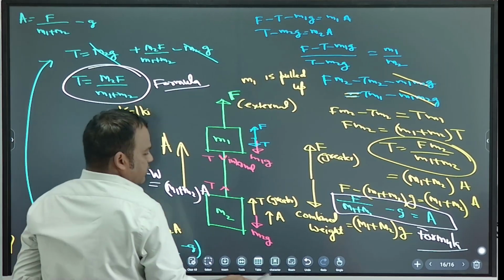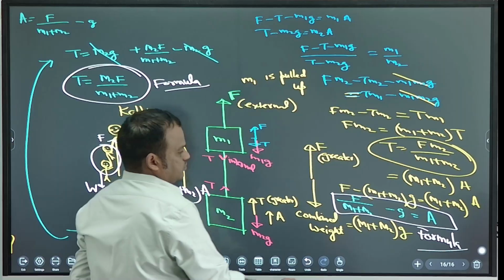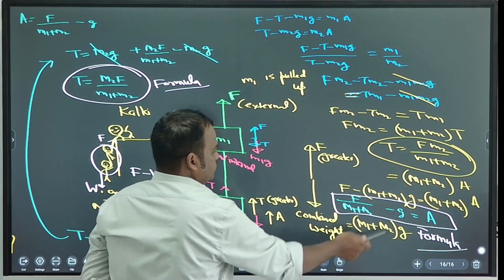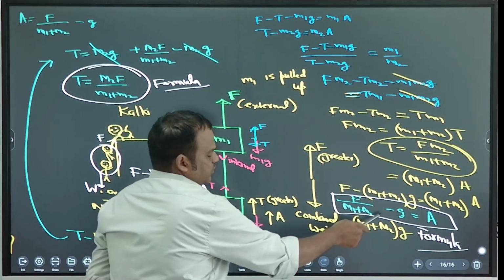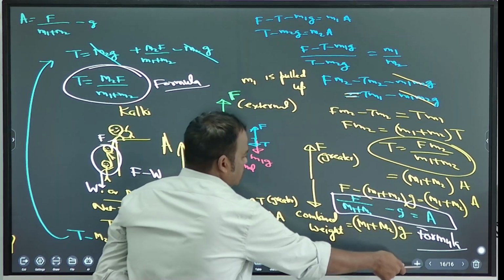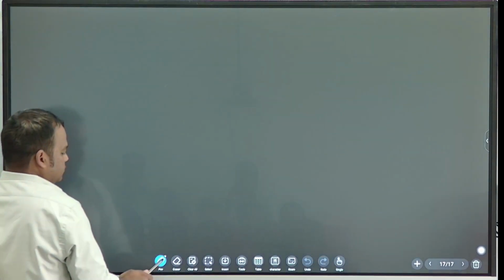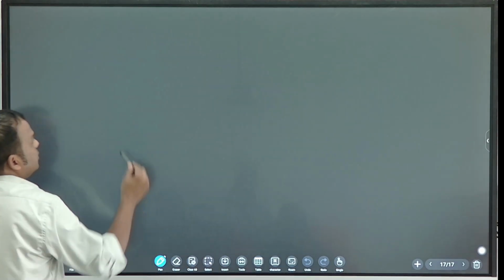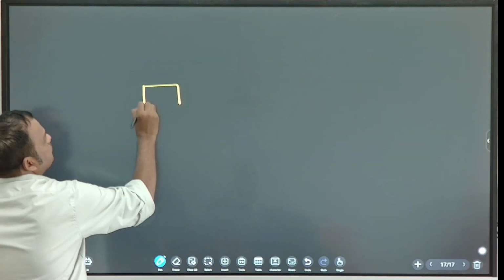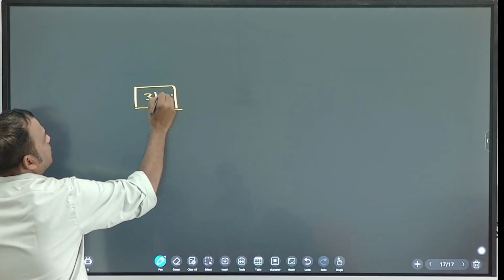So I am giving one question now. Okay, copied? Now write down the question. This is a 3 kg block.